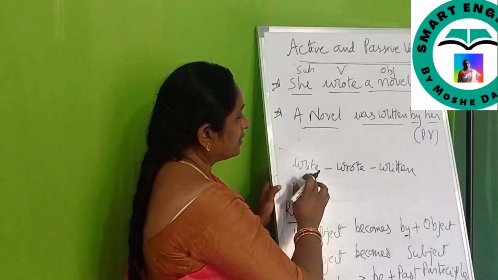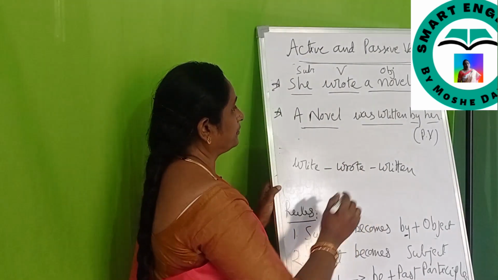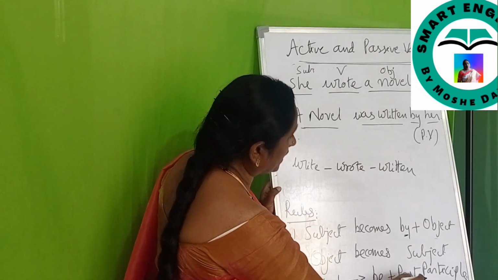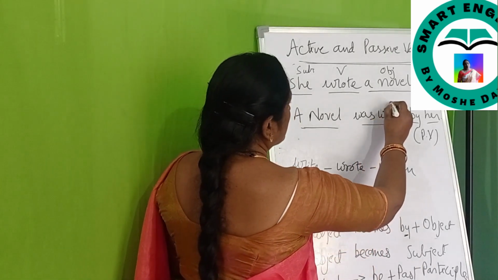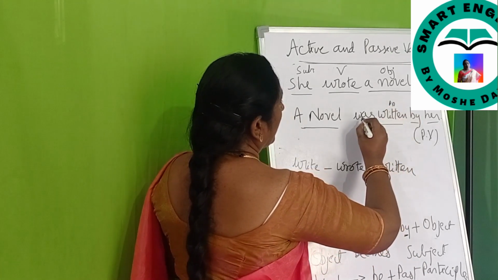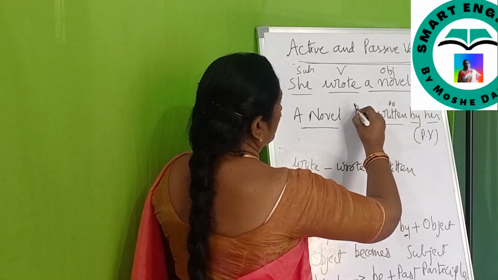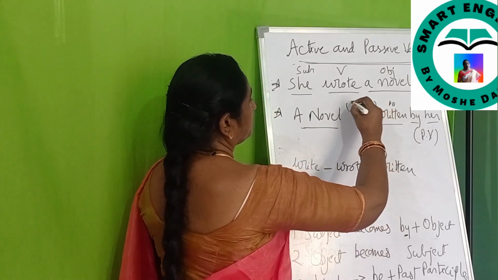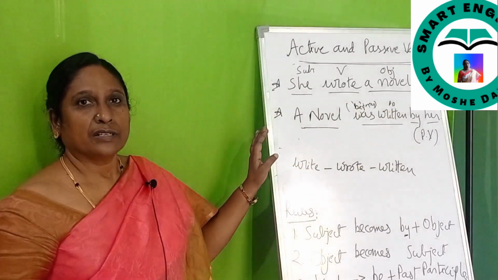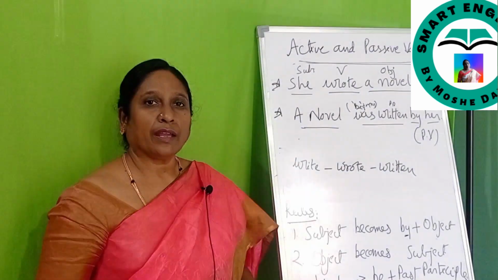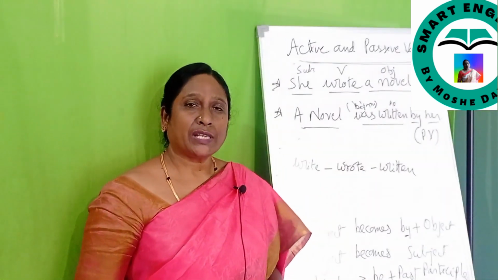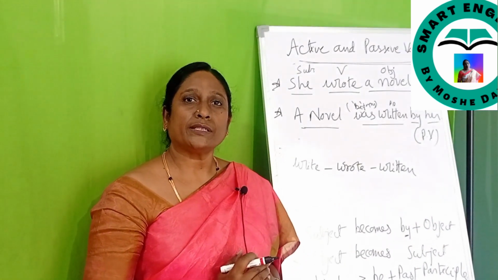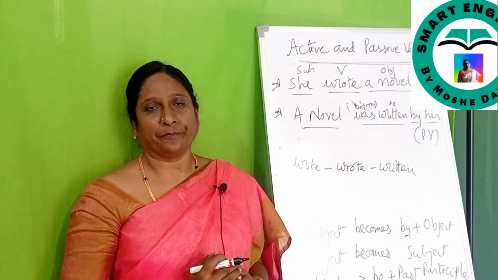Write, wrote, written. So here this one is be form plus past participle. This is the past participle and this is the be form, right? So this is the way we change or convert from active voice into passive voice.